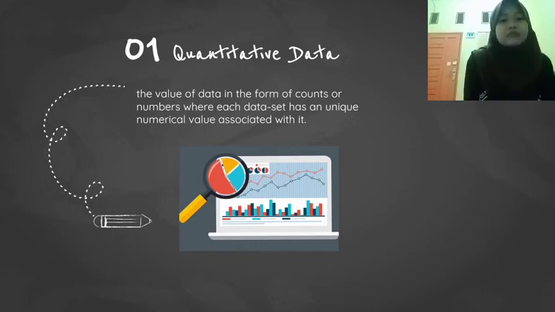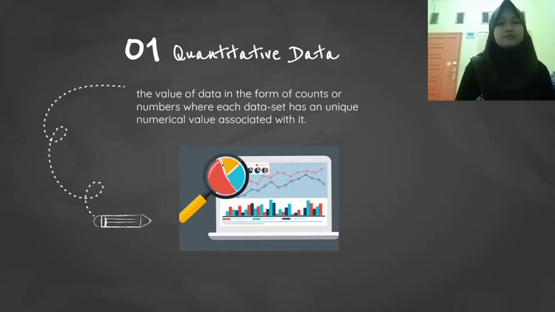What is quantitative data? It is the value of data in the form of counts or numbers, where each data set has a unique numerical value associated with it. So quantitative data is used to answer questions such as how many, how much, how many times, for example.